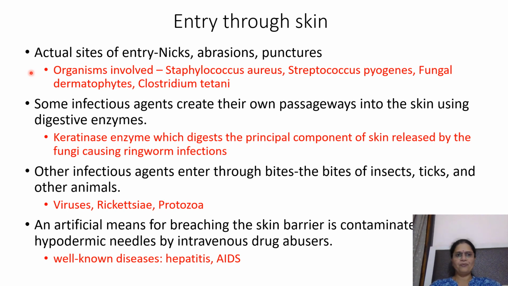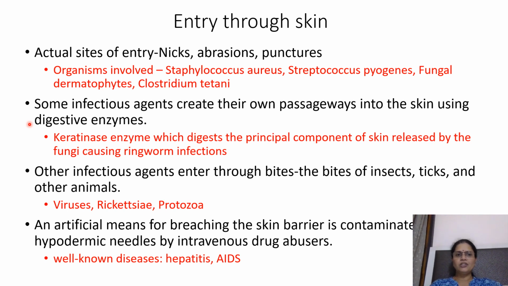infection in skin. The second is, there are some infectious agents which create their own passages into the skin by secreting certain digestive enzymes. For example, if we talk about the fungal dermatophytes again, dermatophytes even in a normal skin can cause infection. How?